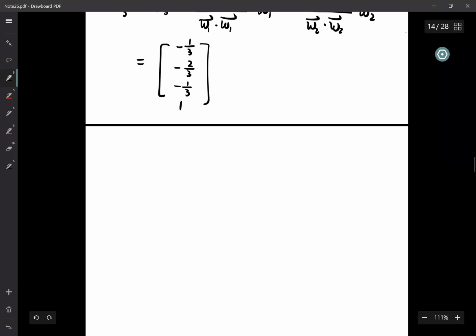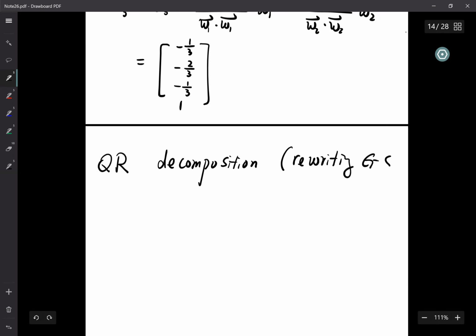Okay, so now let's look at this Gram-Schmidt procedure a little bit further, and I'm going to introduce a very much related topic, which is called the QR decomposition. The QR decomposition is really nothing but rewriting the Gram-Schmidt.